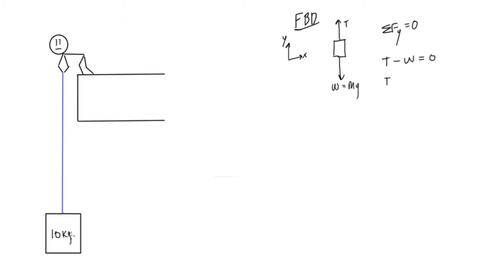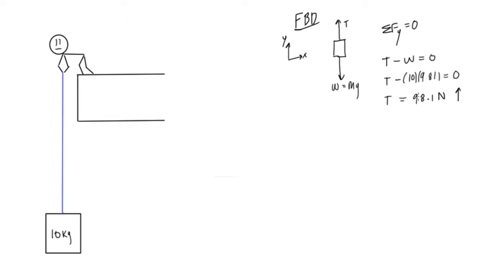Weight will be 10 kilograms times 9.81 meters per second squared. So we can move that over to the other side and we'll get tension is equal to 98.1 newtons.